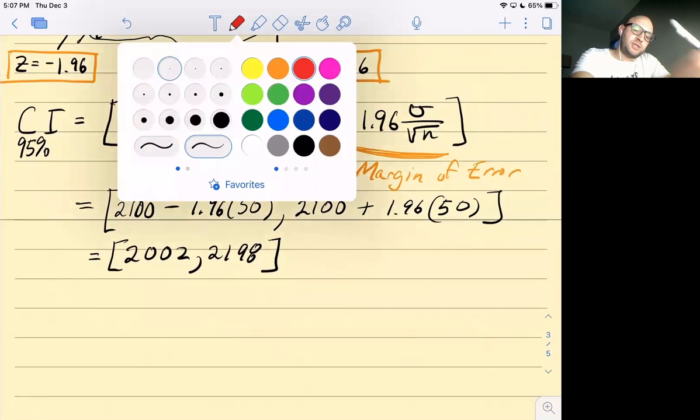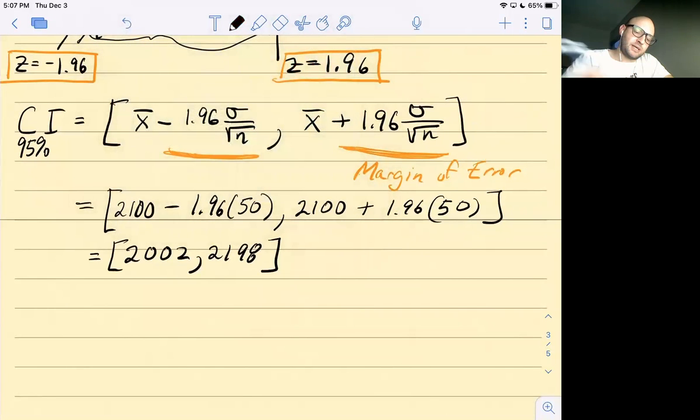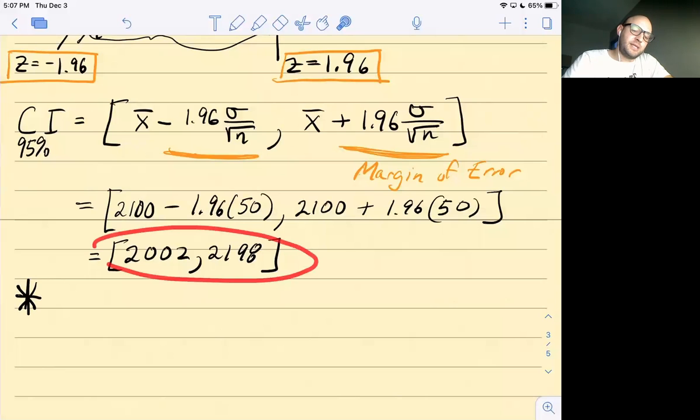The interpretation: if you ever encounter this on the SAT or other classes, they always want to make sure that you understand the interpretation of a confidence interval. It doesn't mean that 95% of the data is in here or anything like this. This interval doesn't say anything about the distribution of your data set.